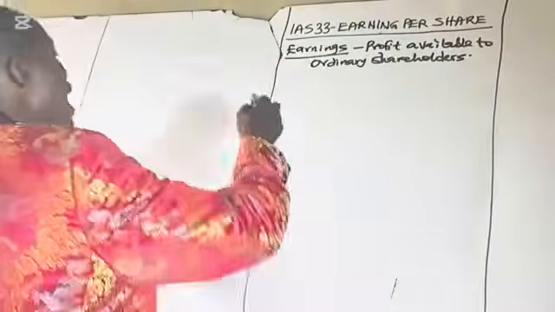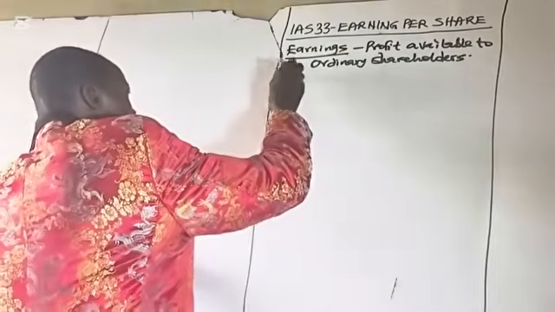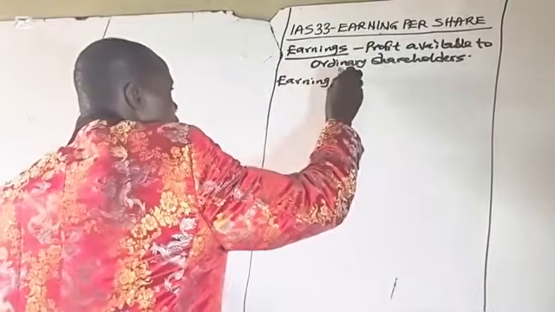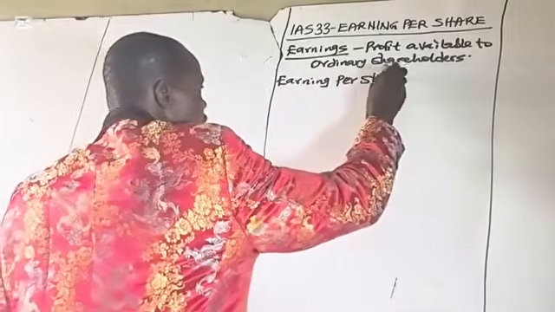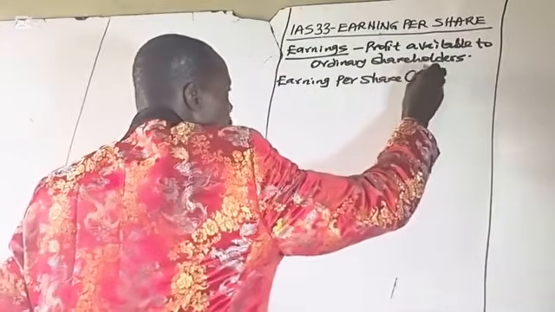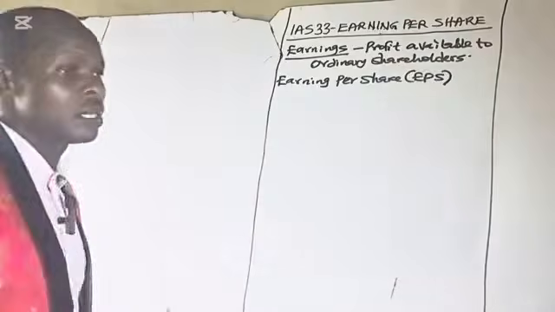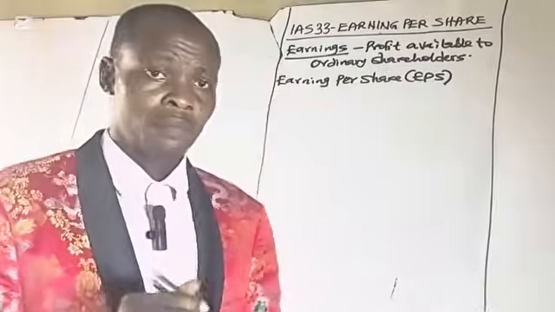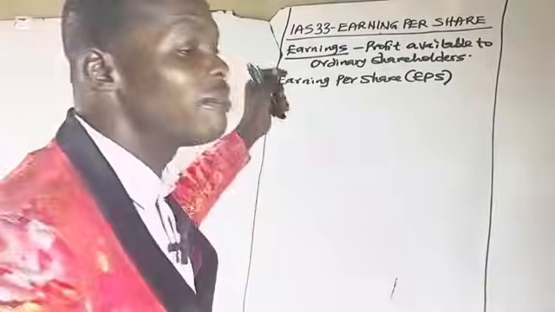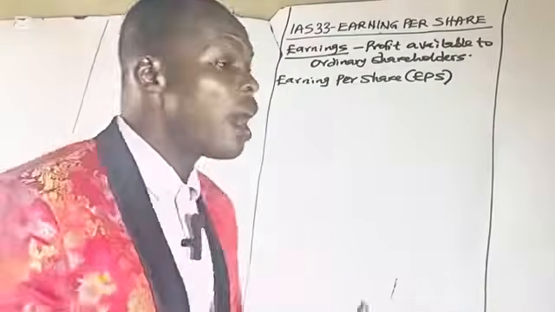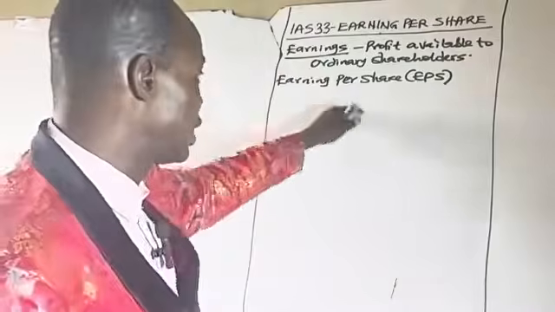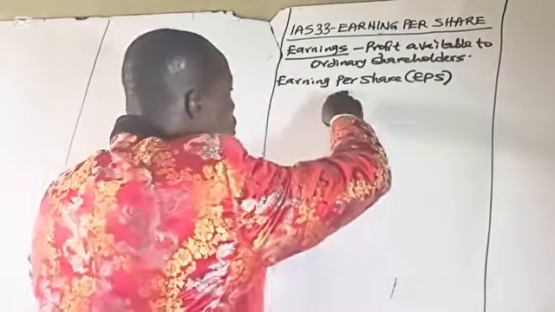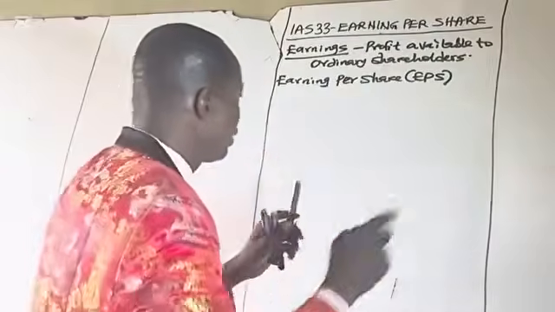So what do we mean by earning per share, EPS? Earning per share is the profit in the year divided by the number of ordinary shares in that year. It is the earnings that is due to one ordinary share.